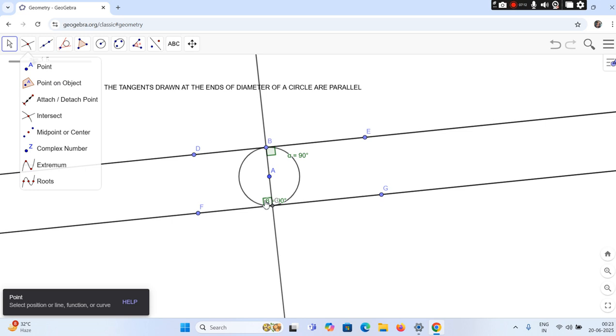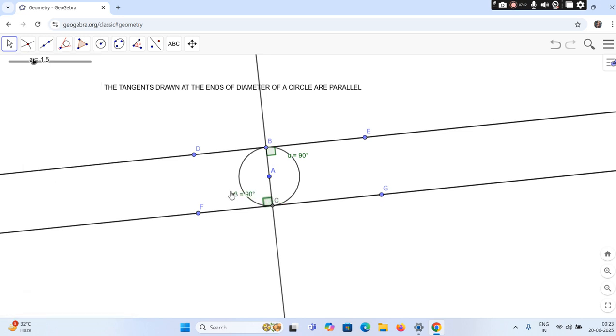So what have we observed? The measures of the pair of alternate interior angles are equal, and this proves that lines DE and FG are parallel to each other.